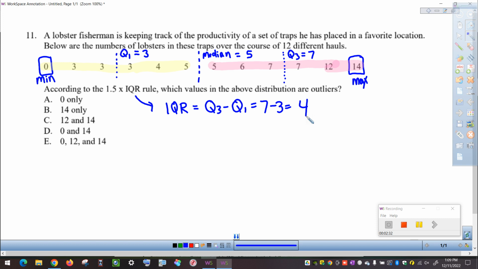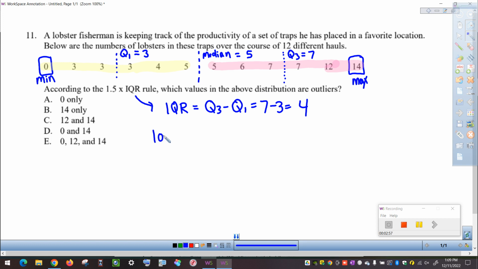So what the 1.5 IQR rule says is it helps us determine boundaries on both sides. We're going to get a lower boundary and an upper boundary, whereas if there's a value below the lower boundary, or if we have a data value above the higher boundary, those are going to be considered outliers.